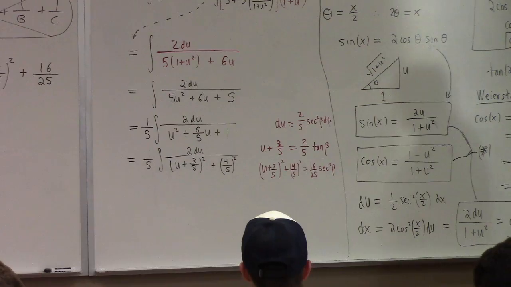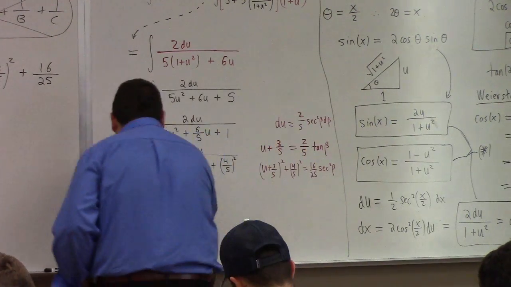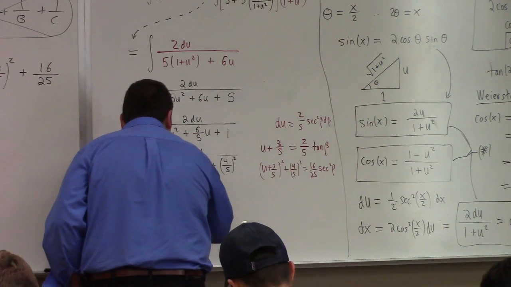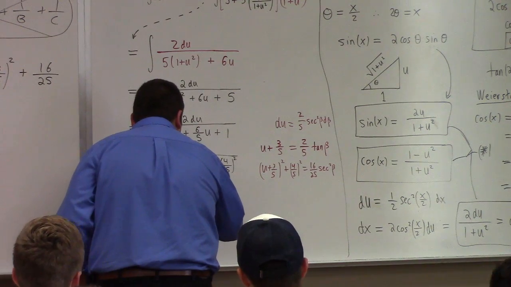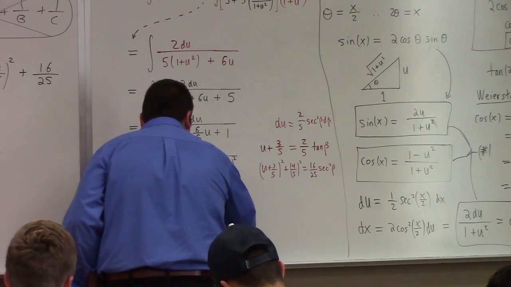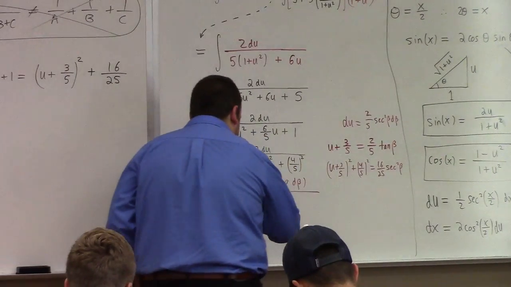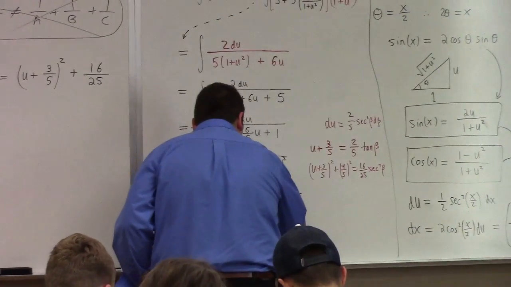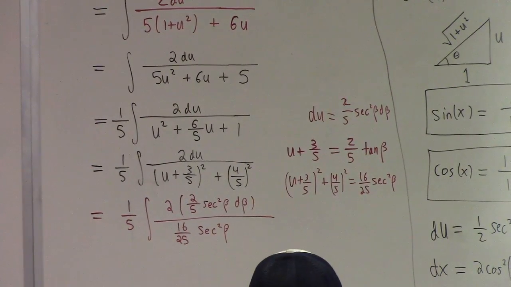So if you make this substitution, the secant squareds cancel. All right, so we've got 1/5. I'll write it out though. So that's 2. My du is 2/5 secant squared beta d beta. Downstairs, I've got a 16/25 secant squared beta. The wonderful thing here, of course, is the secant squareds cancel.